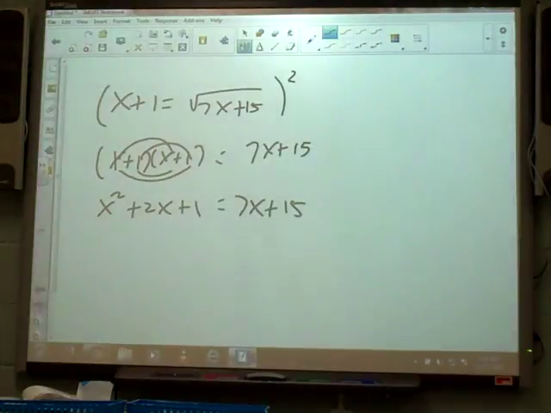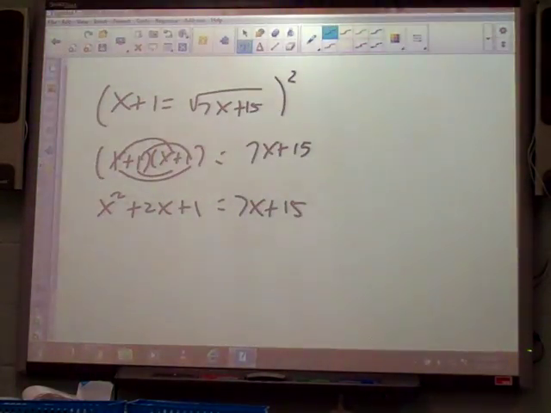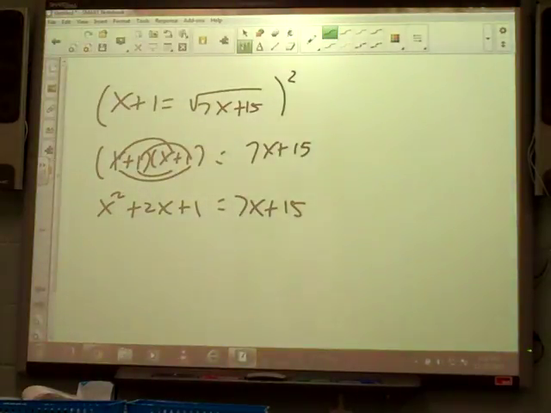Combine that. What you need to notice is we've got a quadratic now. When we solve quadratics, we did them by factoring, completing the square, taking square roots, or the quadratic formula. We set it equal to 0. So I need to move that 7x and the 15 over.